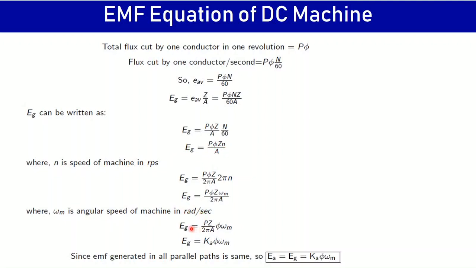So the average EMF will be obtained as P Z by 2 pi A into phi omega m. So as a summary, we see that the armature EMF, which is the back EMF in case of a motor, and generated EMF in the case of a generator, is directly proportional to the flux and the speed.